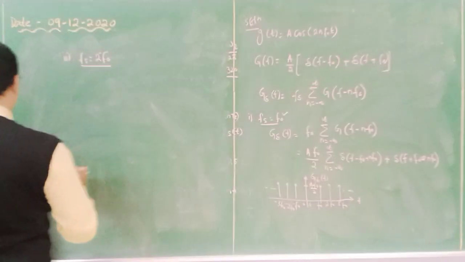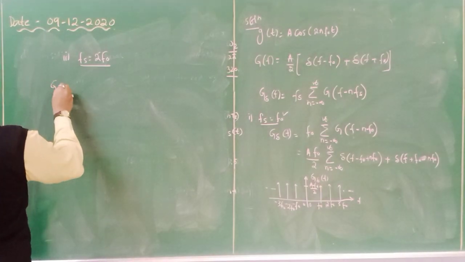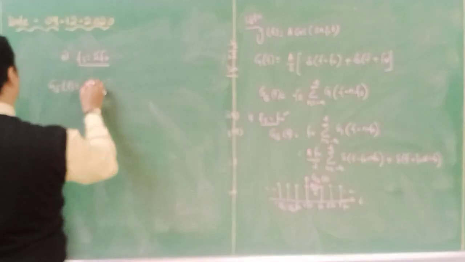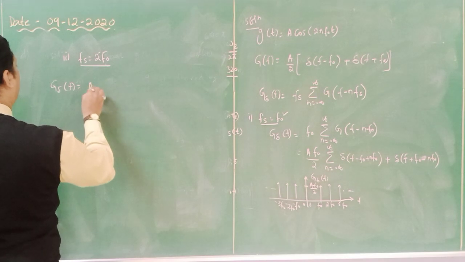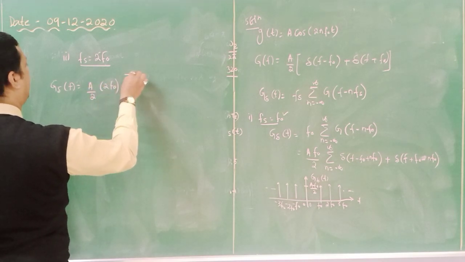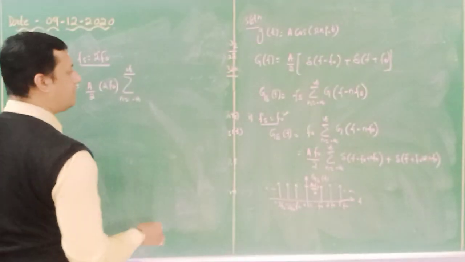Directly I am writing that value, that is G delta of F, which is equals to A by 2 F naught in place of Fs, summation n is equals to minus infinite to infinite.